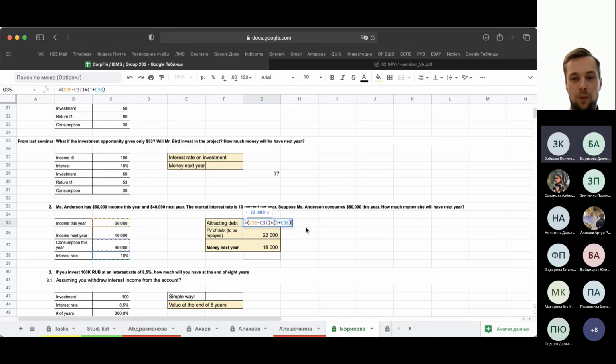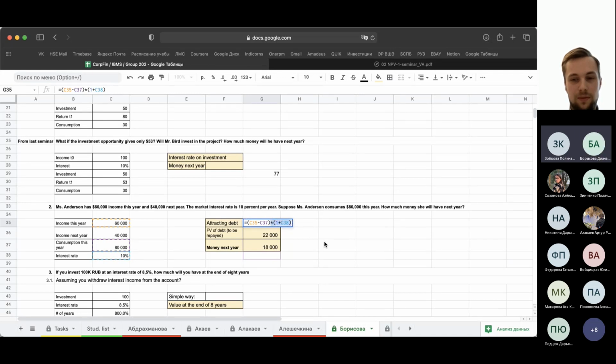And what do the other students think? Should we add the percent here? Should we attract debt with the percent or not? I think no, because this is the debt that we have today.